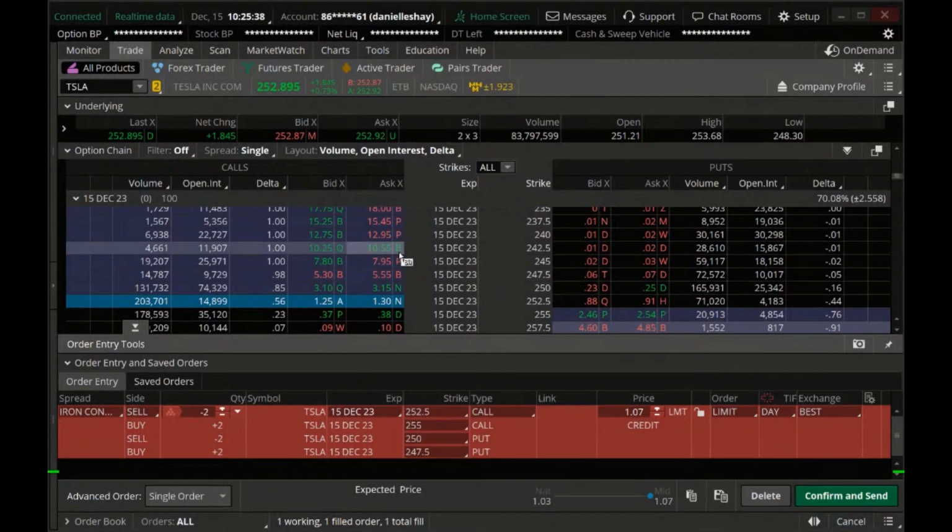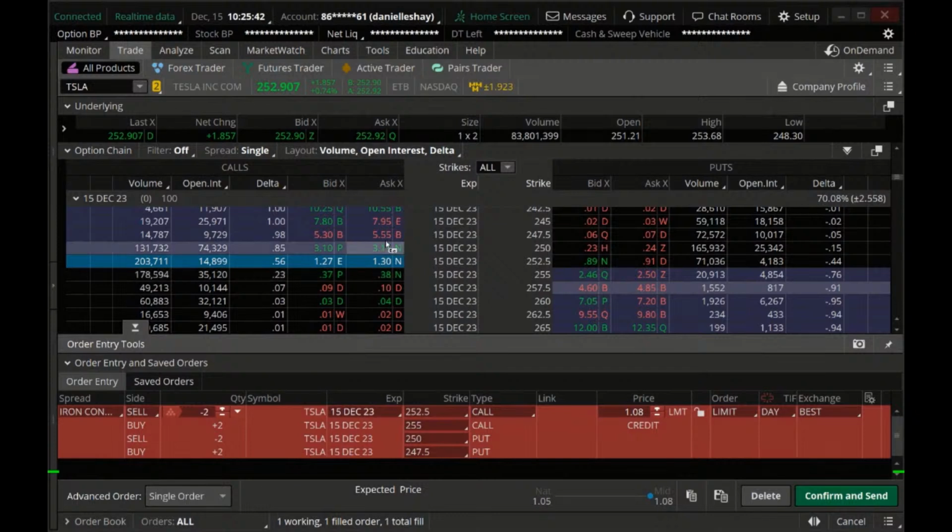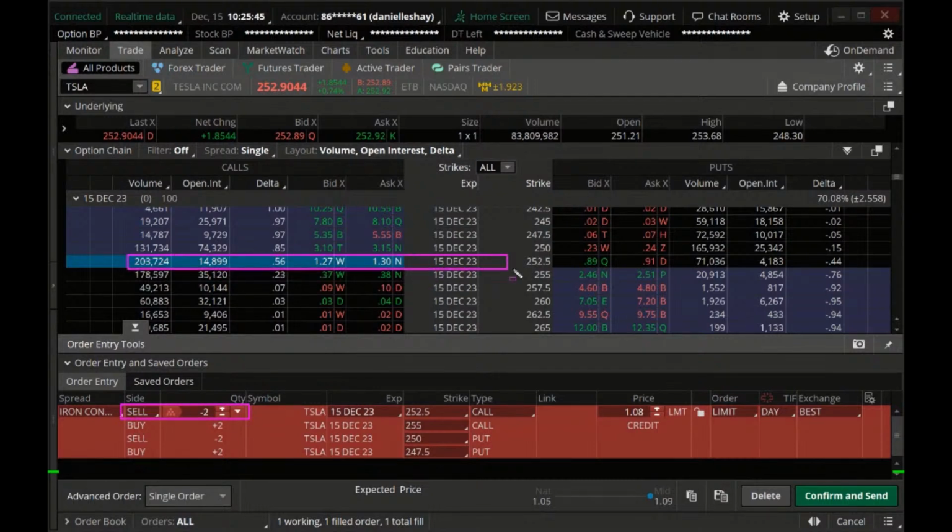That is the way that the Iron Butterfly is set up in Thinkorswim. So basically what you are doing is selling the center strike on both sides, the call side and the put side. Okay.